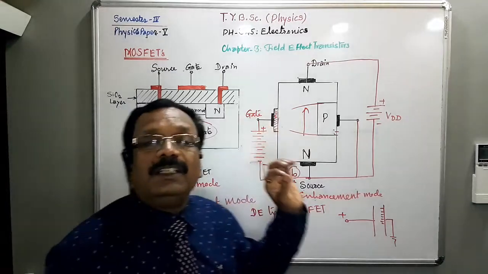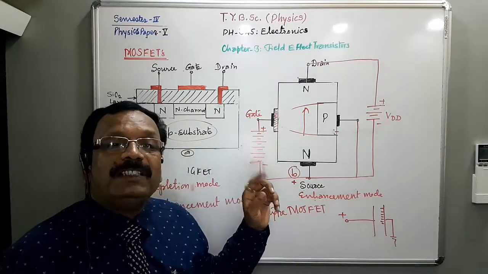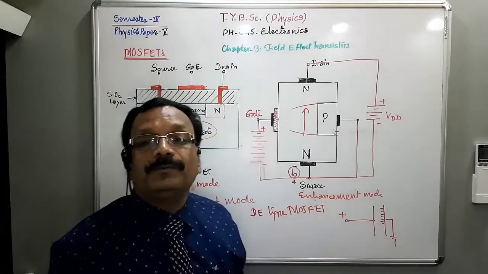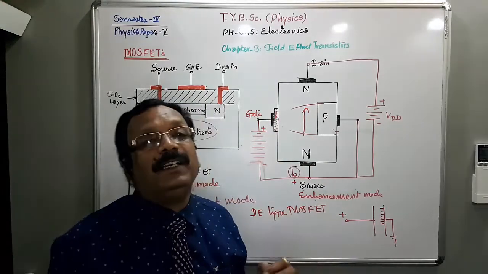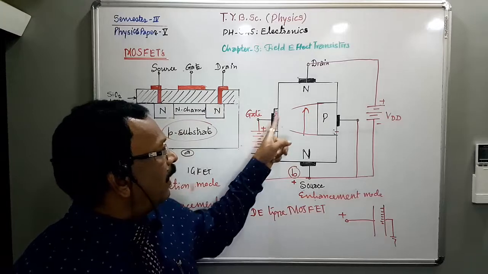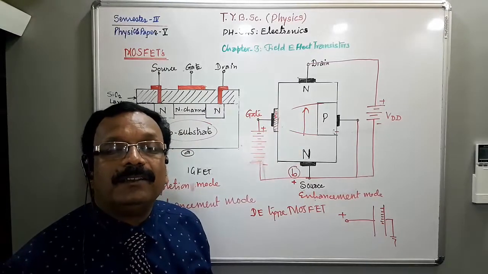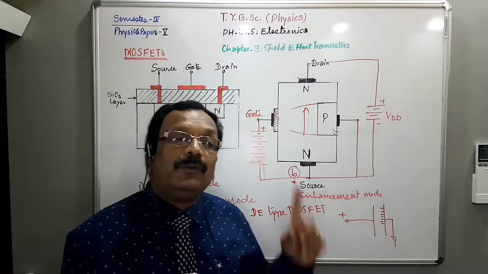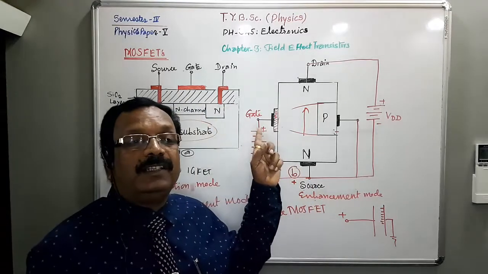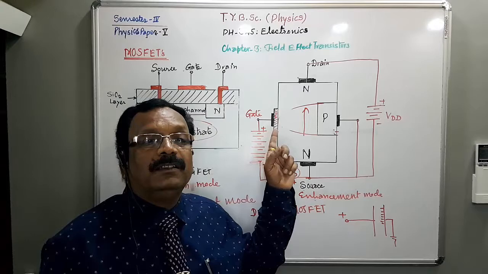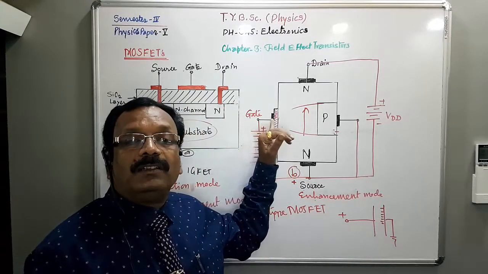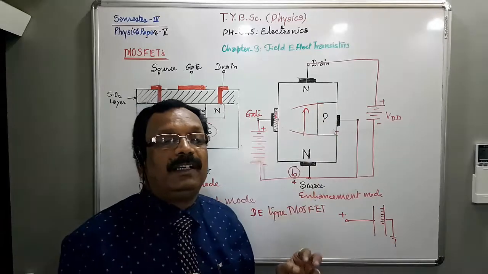One plate of the MOSFET is formed by the gate and the other plate is formed by the semiconductor channel.